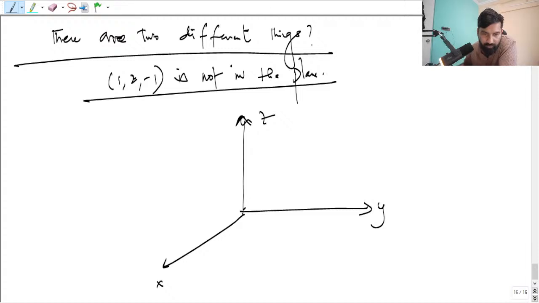So if I put this vector v at the origin like this, understand? Its head is not going to be in the plane. You see here, this head, and my plane is here, right? It is not passing through the origin, right? That is given, because this point 1, 2, -1 is not in the plane.